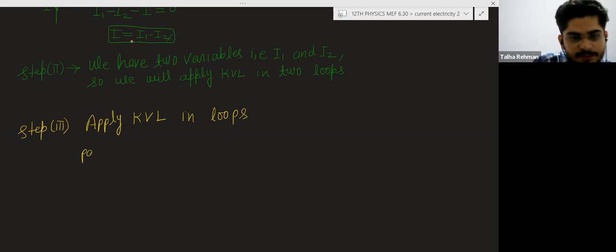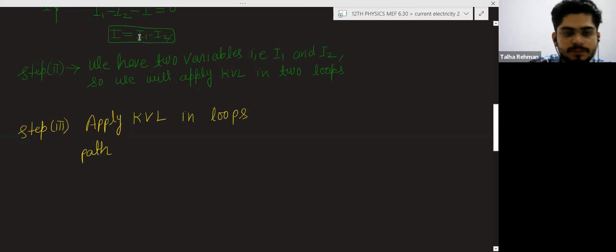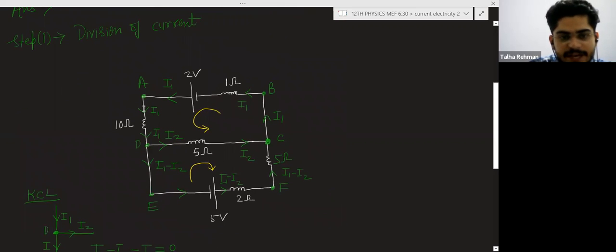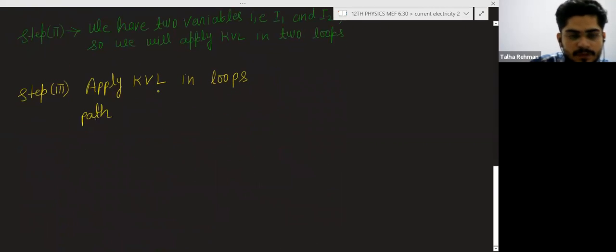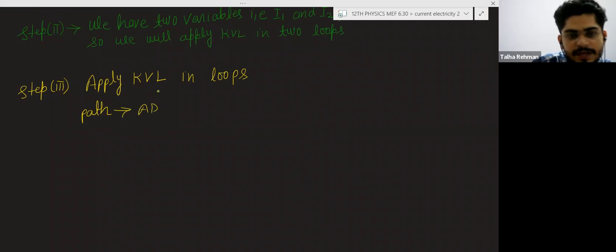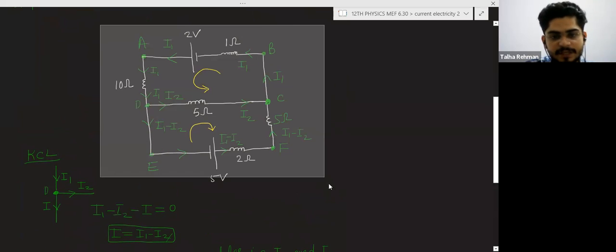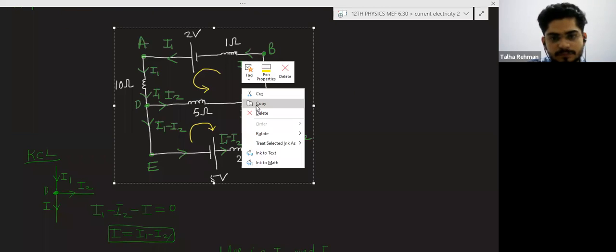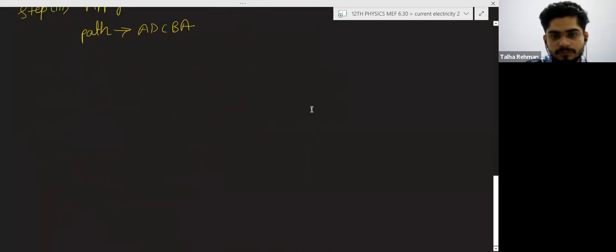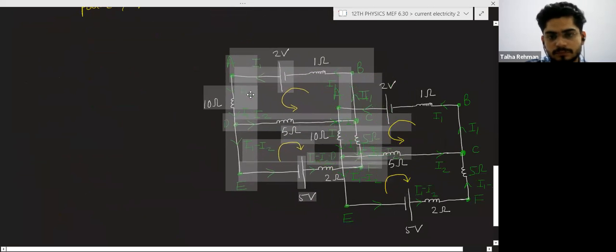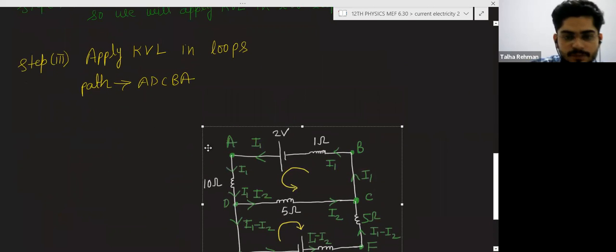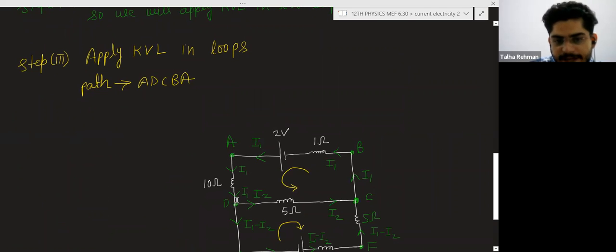What is the path we have chosen for the first loop? The path I have chosen is ADCBA. So now we will apply the KVL here. I am taking this diagram. Now just see this loop ADCBA only.